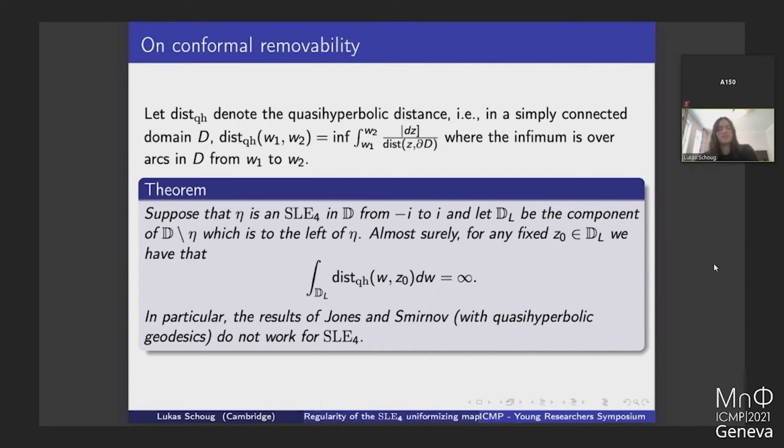So this suggests that if you want to prove conformal removability of SLE4, then you should probably look for other ways to do it. I mean, we don't even know if it should be conformally removable yet. So it's really a big question.